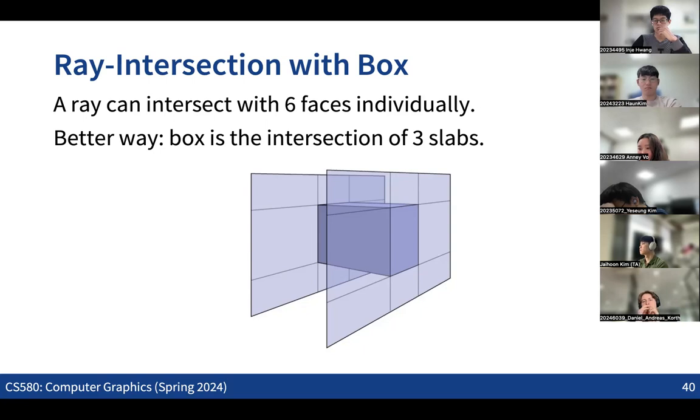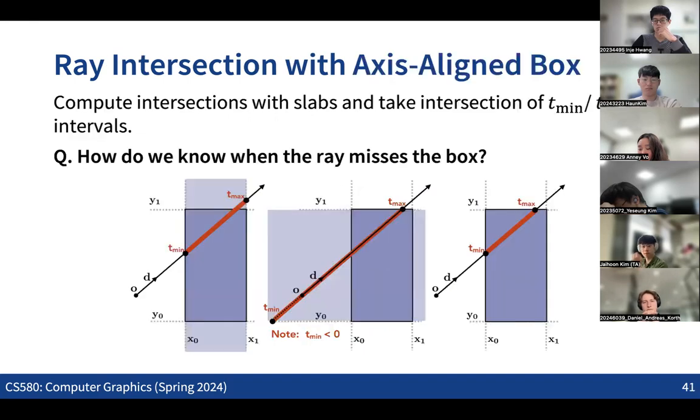For each of the x, y, z axes, we have 2 parallel planes. In the 2D case, for example, here we have this pair and another pair. And in the 3D case, we have 3 pairs of slabs.